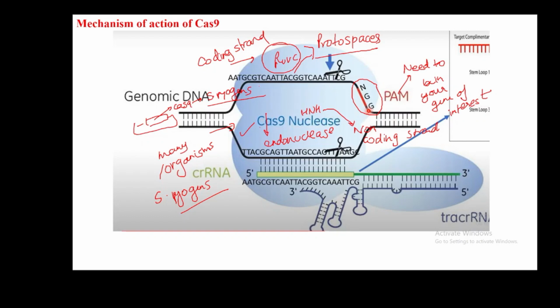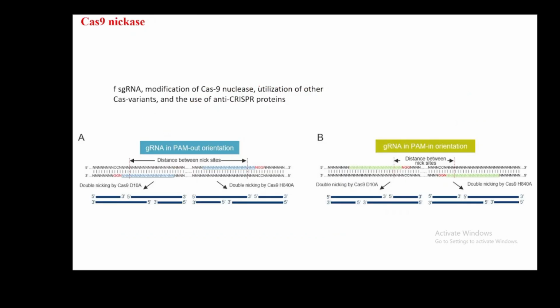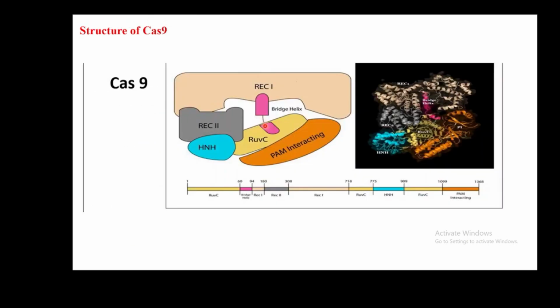For example, here you can see the structure of Cas9. REC1 and REC2 will recognize the guide RNA, and HNH and RuvC are the nuclease domains, and this is the PAM interacting domain.